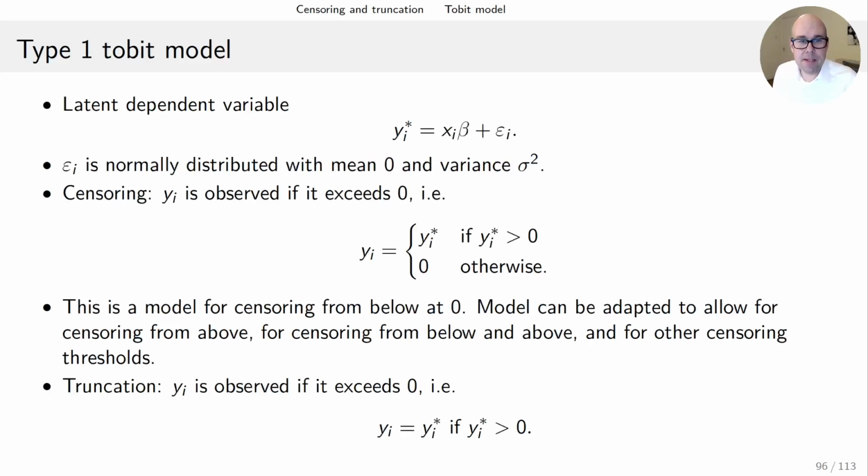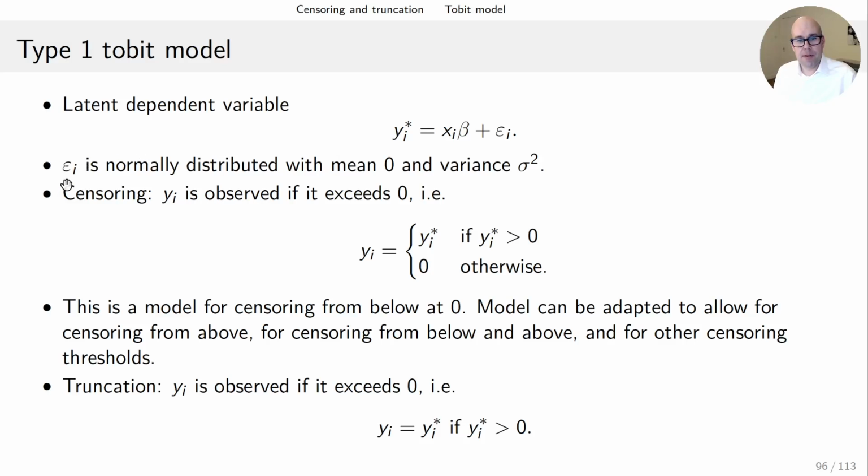How does the baseline type 1 Tobit model look like? We would have a latent dependent variable, or latent variable y_i star, that is x_i beta plus epsilon_i. So this is very much like the latent variable that we have seen earlier in this course in the ordered choice model.